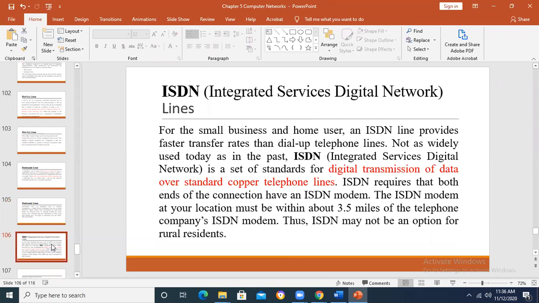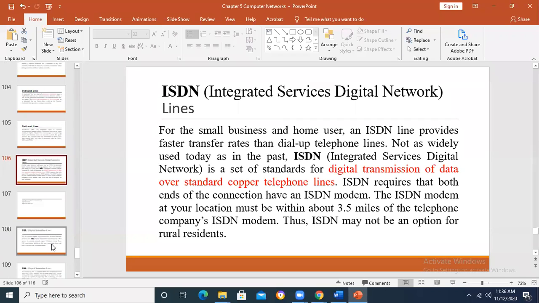Then we said that in ISDN, basically these all are now dedicated. Keep in mind, we discussed ISDN and we said that there is digital data transmission, not analog data transmission, just like we had seen in the dial-up connection where we had installed the dial-up modem.